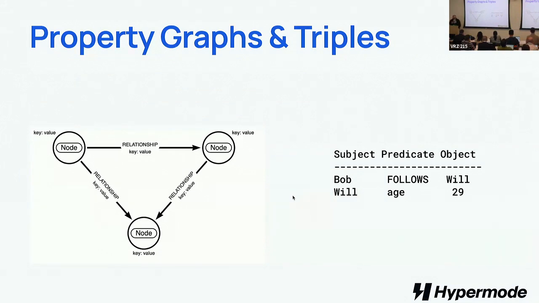If we look at the triple, more RDF-y way of expressing that, we have subject, predicate, object. Subject is a node. Predicate can be either a relationship or a property. And then the object is either a node or a property value. And so we can build up a property graph with multiple triples.